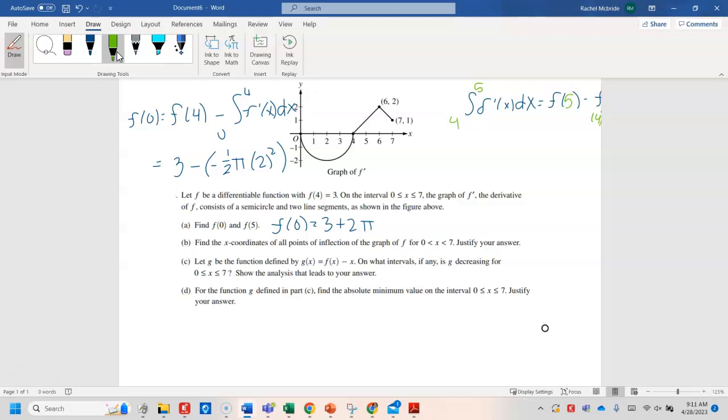So to solve for f of 5, it's different than f of 0, because now we're going forwards. So f of 5 is going to equal, we're adding f of 4 to the other side, f of 4 plus the integral from 4 to 5.